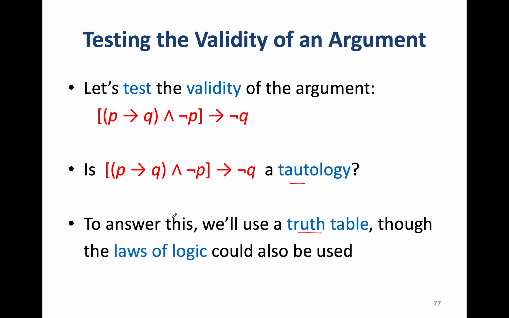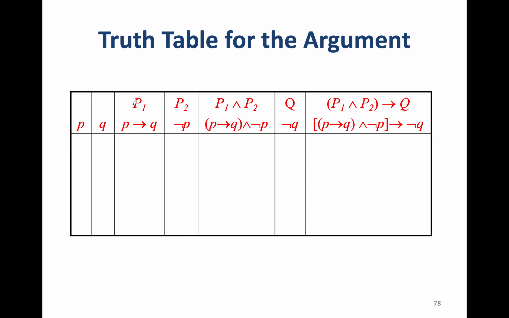So we will need to build a truth table, starting with the propositions that we've got. We've got 2 variables, which means 4 rows: true, true, false, false, true, false, true, false.